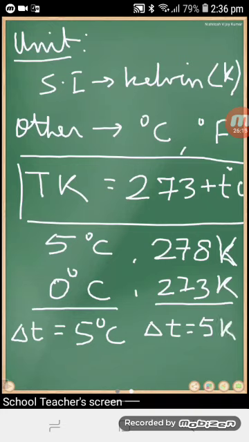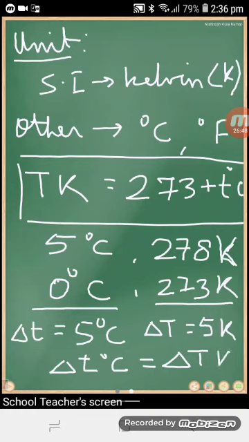So what does this mean? In a particular temperature, when you are changing, it will be changed according to 273. But change in temperature in degree centigrade is equivalent to change in temperature in Kelvin.